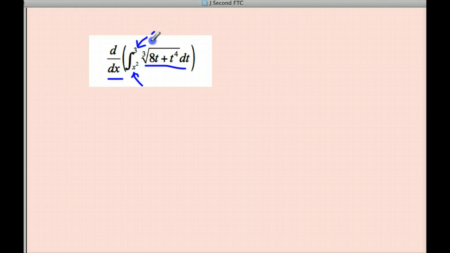First thing I notice is my constant is on the top. And then I also notice that my variable's on the bottom, but it's not just an x, it's actually an x squared. So what are the two things I need to do here?